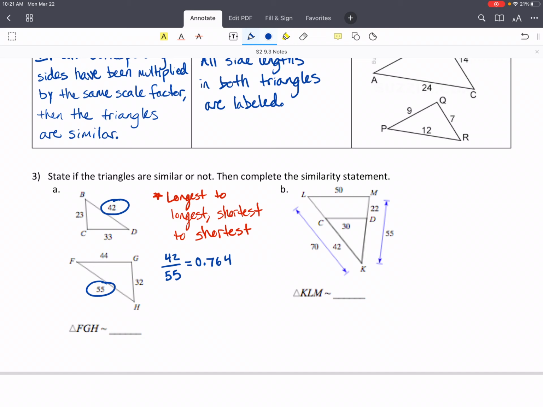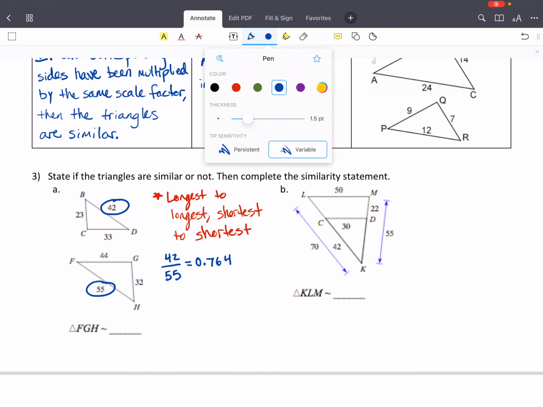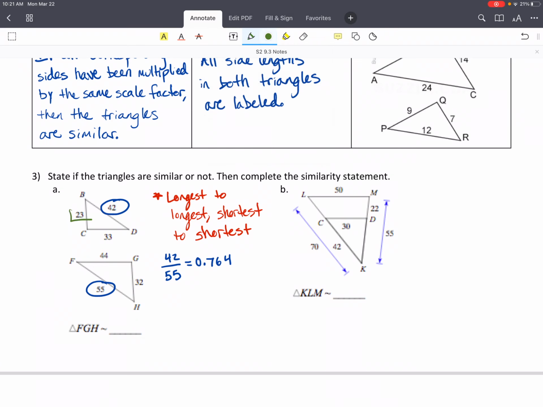I get about 0.764. My shortest side is 23, first side over here is 32, so 23 over 32. We get 0.719, and because those are different, I don't have to do the last set of sides. I already have enough information to show that these are not similar.